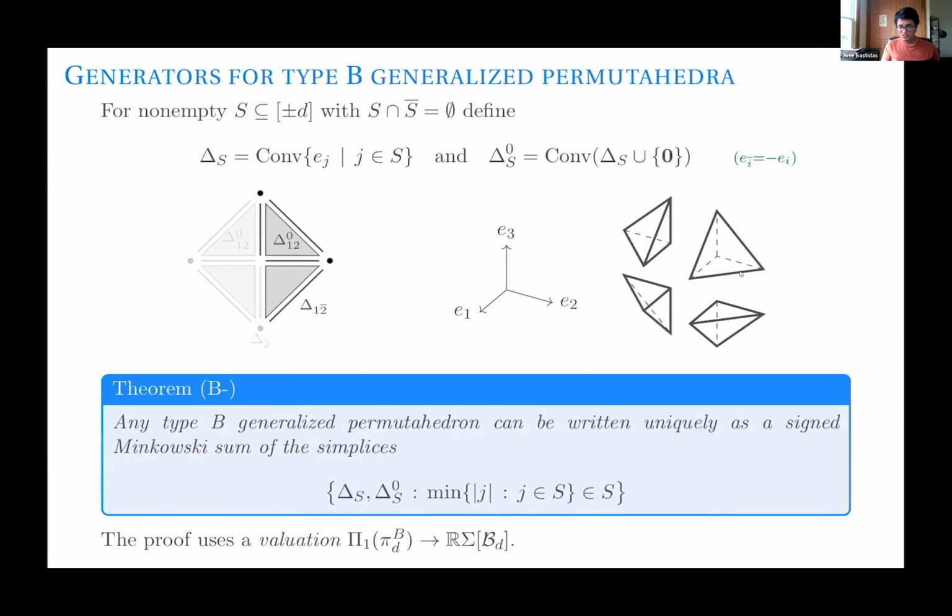And the final result that I want to share today is that there is an easy way to describe how to pick precisely half of them and some of their faces to get a basis for this space of generalized permutahedra. Maybe without going too much into the definitions, basically I'm going to take the full dimensional ones that live on the positive side of the first coordinate.